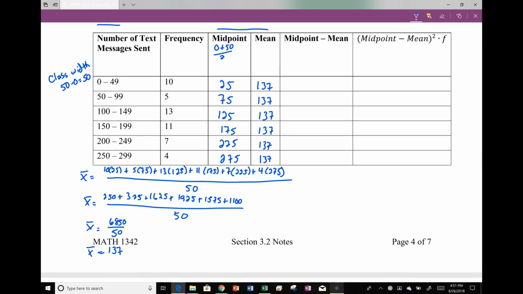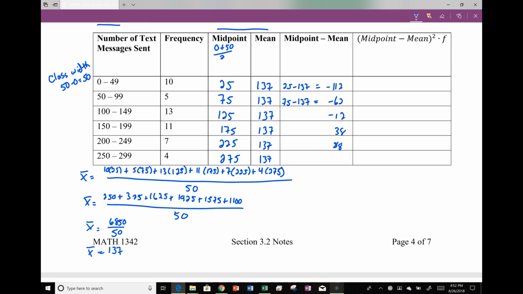Now then, I'm going to take the midpoint minus the mean. That means I'm going to take 25 minus 137. That's going to be a negative 112. 75 minus 137 is a negative 62. 125 minus 137 is a negative 12. 175 minus 137 is a 38.